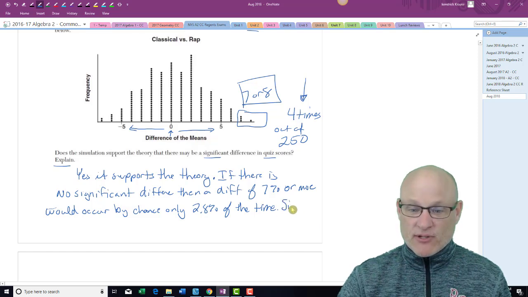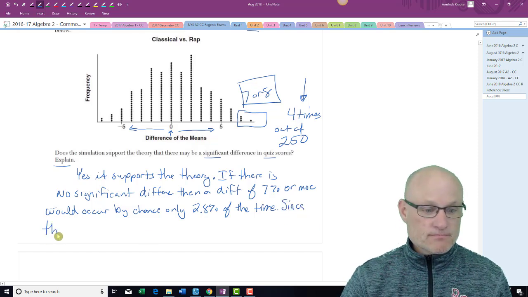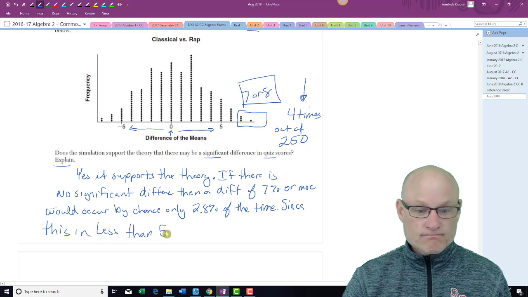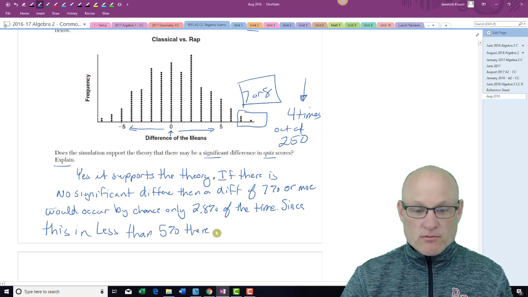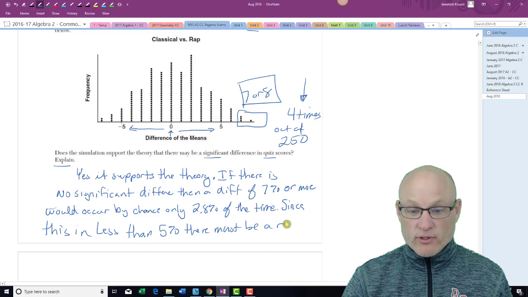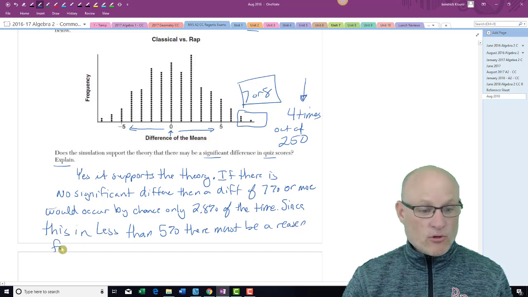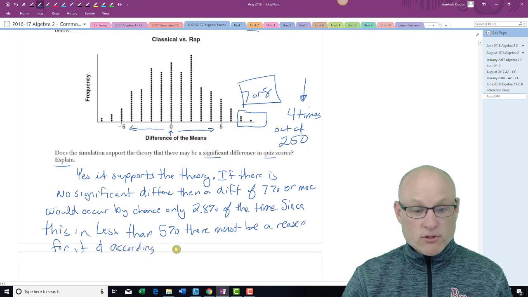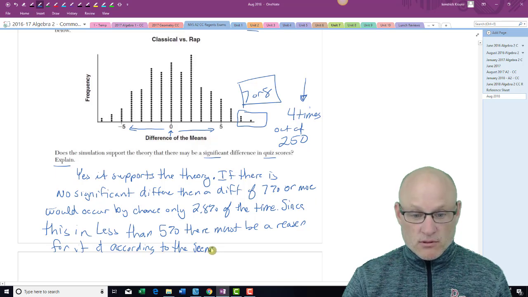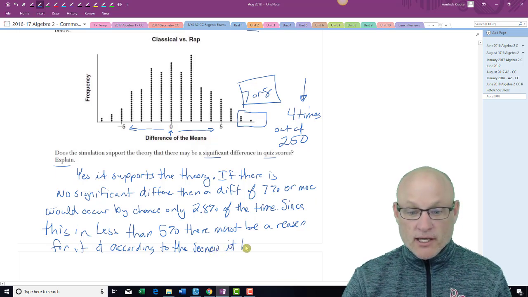Since this is less than 5%, there must be a reason for it, and according to this scenario, it has to do with classical music.